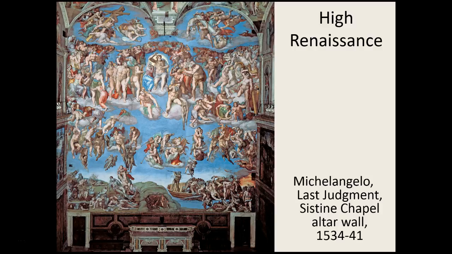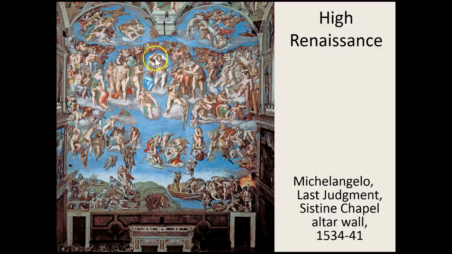Again, this scene was executed on the altar wall of the Sistine Chapel. It is a depiction of the second coming of Christ and the final eternal judgment of God for all humanity. The souls of humans rise and descend to their fates as judged by Christ, surrounded by prominent saints.